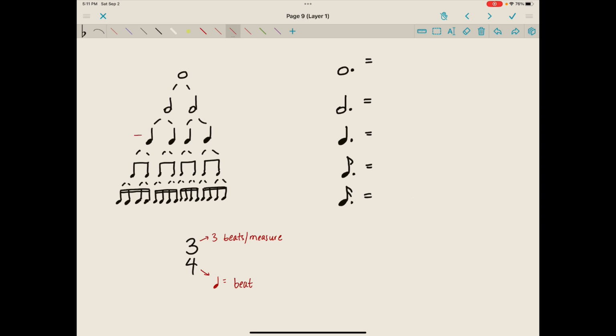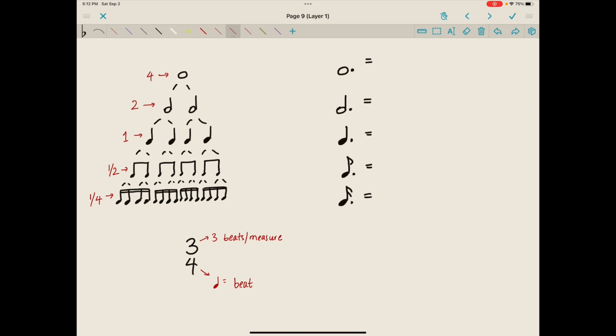So 1 beat for quarter notes, 2 beats for half notes, 4 beats for whole notes, a half beat for each eighth note, and a quarter of a beat for each 16th. As of now, from this note value pyramid, I don't see any notes equivalent to 3 beats, which is what we need if we want a single note value that will take up one entire measure in 3/4 time.